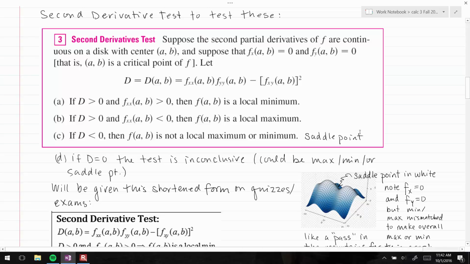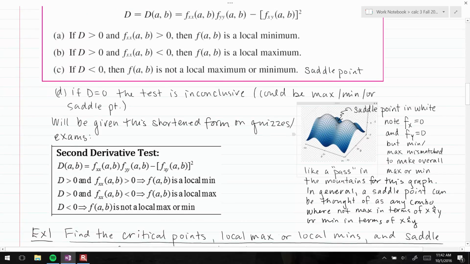I have a saddle point shown here, and the little white point on there is a saddle point. This is a situation where in terms of x it's a low point, and in terms of y it's a high point, and there is a horizontal tangent plane there, so it's a critical value, but it's not panning out to be a local max or min overall in the 3D situation.